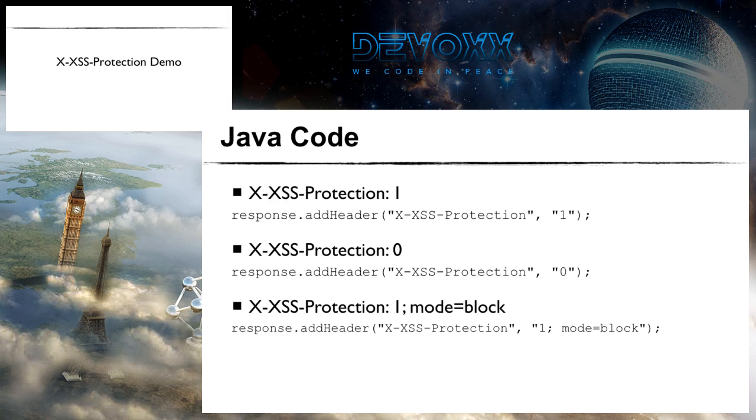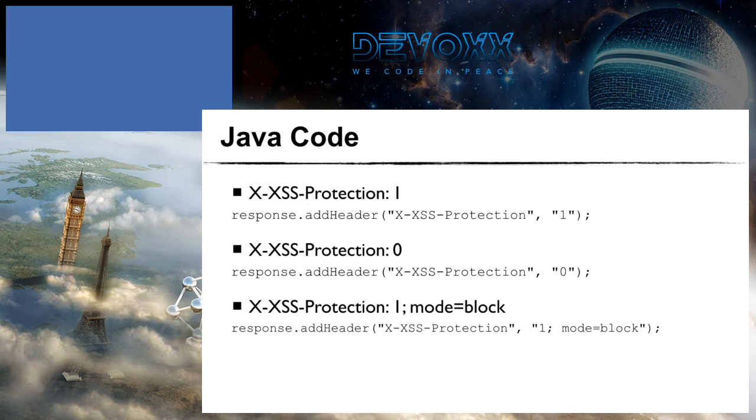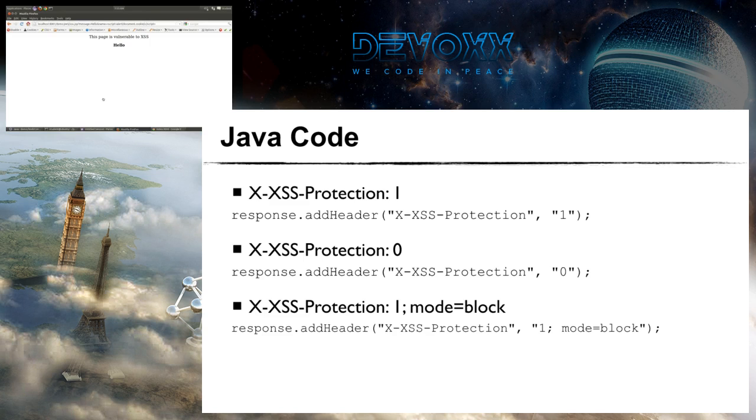All right, so let's do a quick demo of the XSS protection header. Switching back to the VM over here. All right, so I'm going to go back to the home page here. The very first link that I clicked up here, where we saw the alert box containing the cookie, remember that? That was actually using Tomcat 6 under the covers.